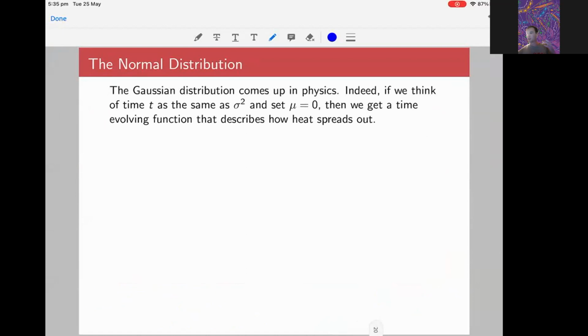Take the normal distribution, the probability density function, and set mu equals 0 just for argument's sake, but we're not going to set sigma squared as anything specific. Instead, we're going to define sigma squared as being time and think about what happens as we travel through time. So we start at time 0 and travel through increasing time, increasing sigma squared, and see what happens.